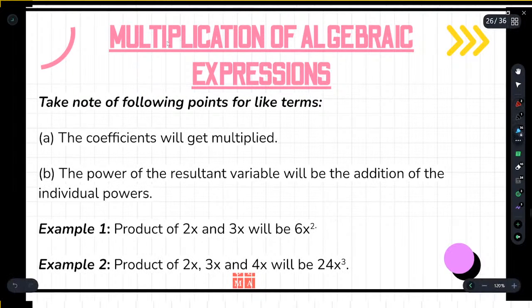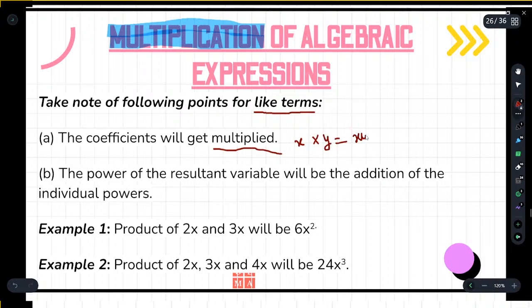Now how do we multiply these algebraic expressions? Unlike addition and subtraction, in multiplication and division, we can try it for unlike terms also. What do we do with the terms first of all? The coefficients will get multiplied. If it is x into y, then it will be xy.